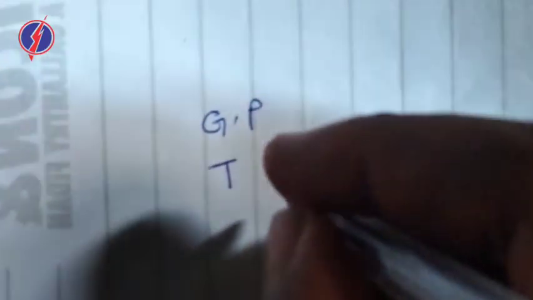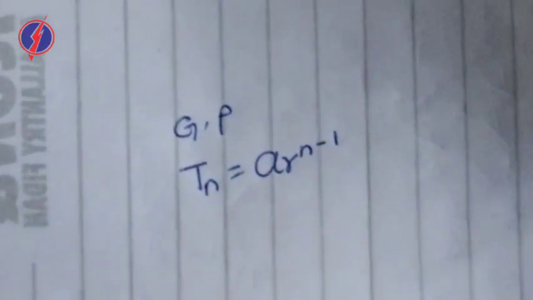I believe you should also remember what we are using for the GP formula. You know that the GP formula is Tn equals A r to the n minus 1, right? So that's what we are using. We have gotten the common ratio, and we know the first term.